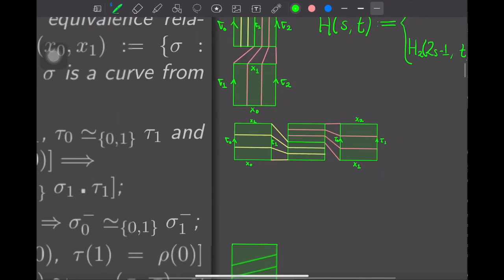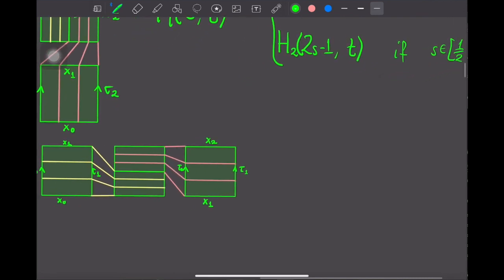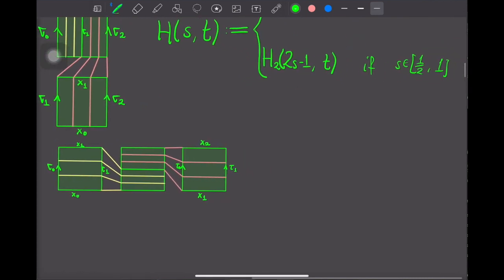And here again with this diagram I can also cook up a formula.